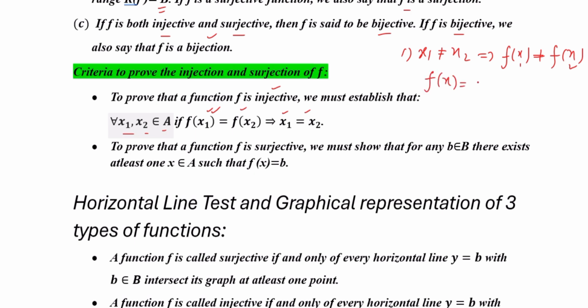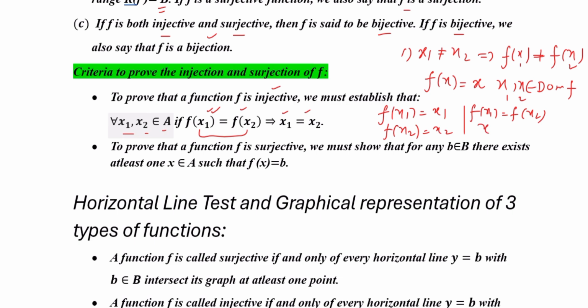Suppose f of x is equal to x. x1 and x2 are two elements in the domain of f. Then f of x1 is equal to x1, and f of x2 is simply x2. Now if you use this criterion, take f of x1 equal to f of x2.